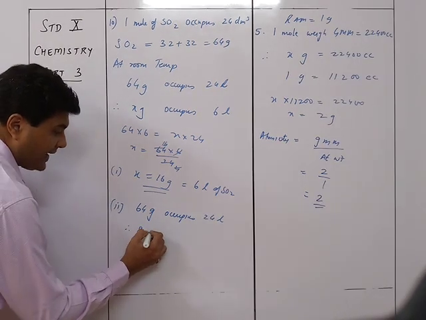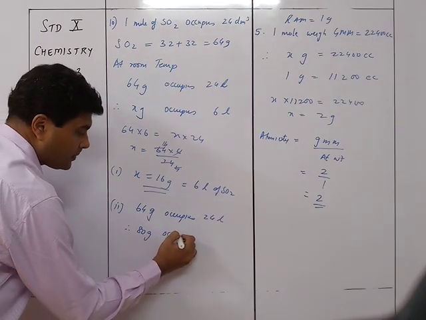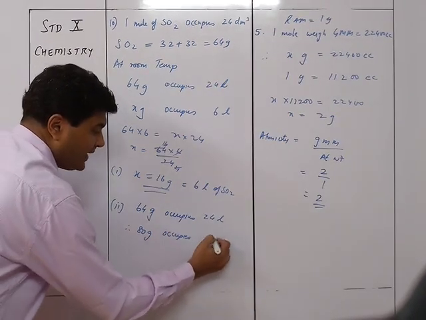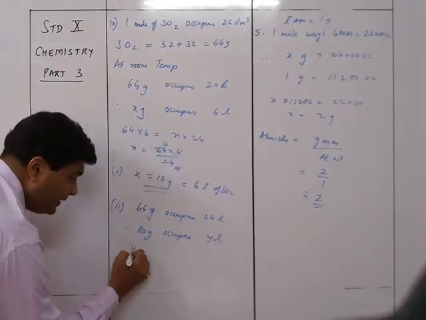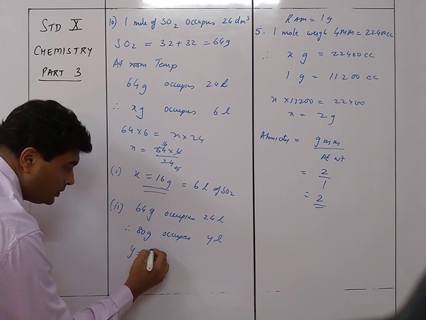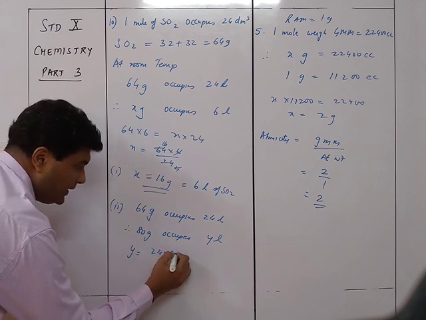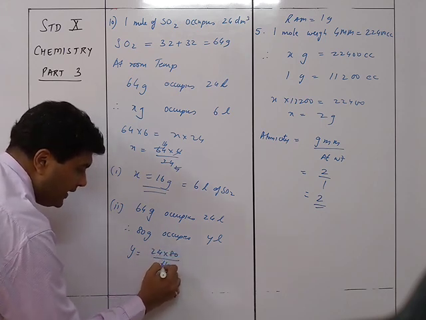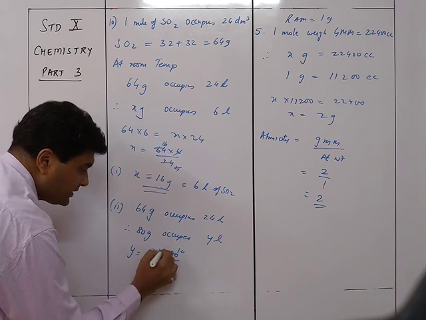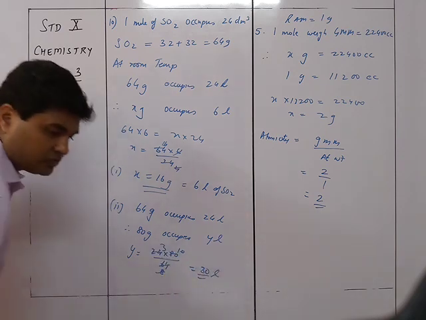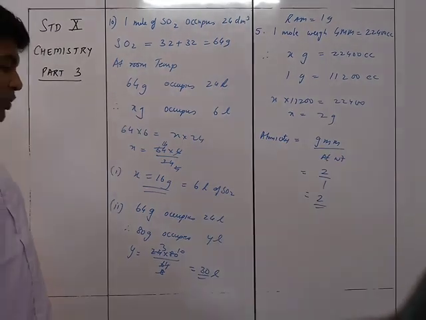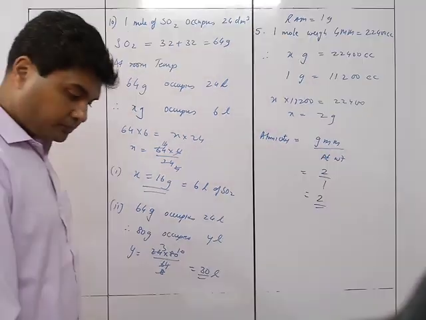Therefore, 80 grams occupies Y liters. So therefore, Y is equals to 24 into 80 upon 64. 8 8s are 64, 8 10s are 80, 8 3s are 24, is equals to 30 liters. So the answer is 30 dm cube or 30 liters.